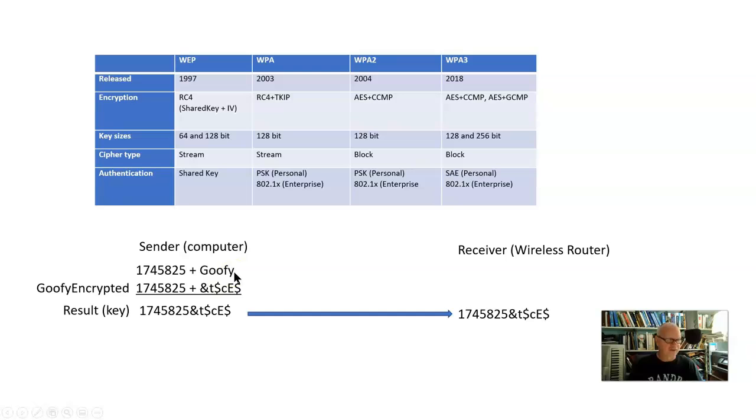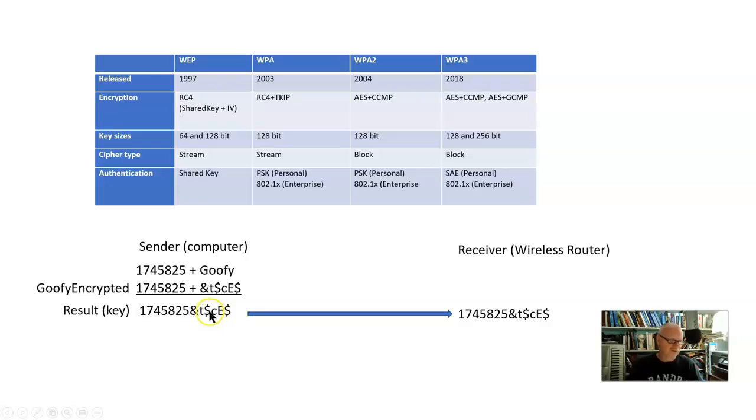So it looked like this. First, I'm going to encrypt the word goofy here with the RC4 encryption scheme, and then I'm going to attach the initialization vector to it and just concatenate them. I'm just going to stick them together here and send that across the wire.